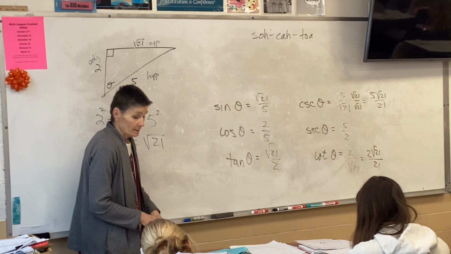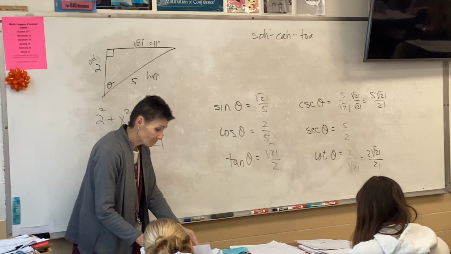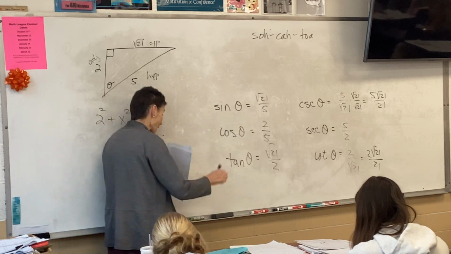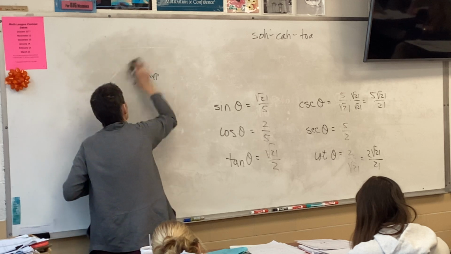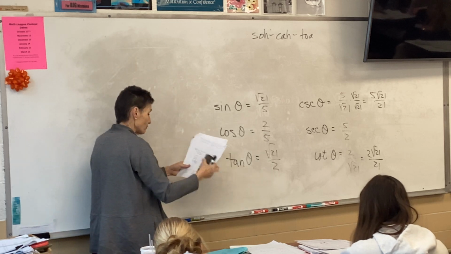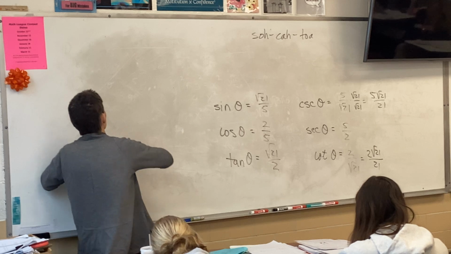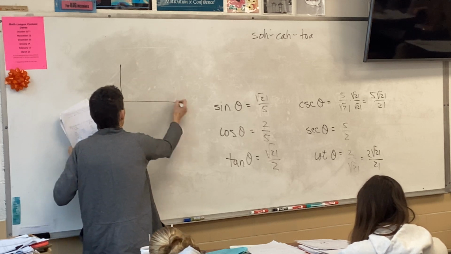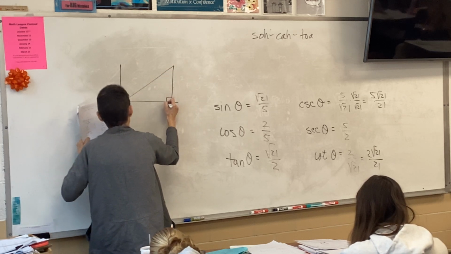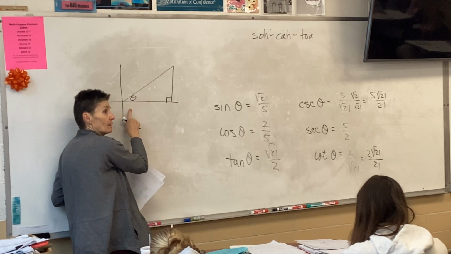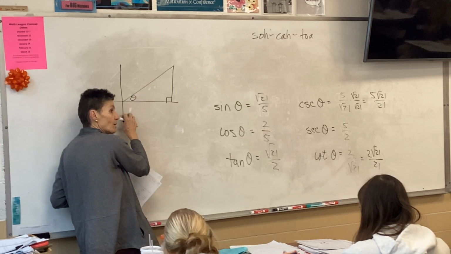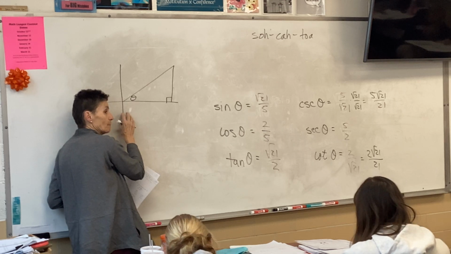All right, now let's look at the next one. The next one is actually exactly the same thing, except there are no numbers drawn on the picture. The picture is drawn for you. Put theta at the origin always. Theta always goes to the origin when you have a picture that's set up like this.